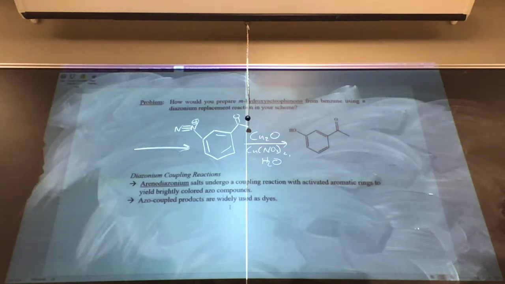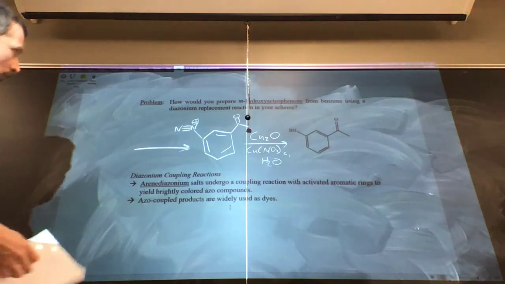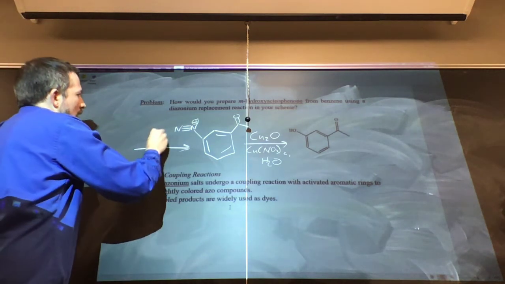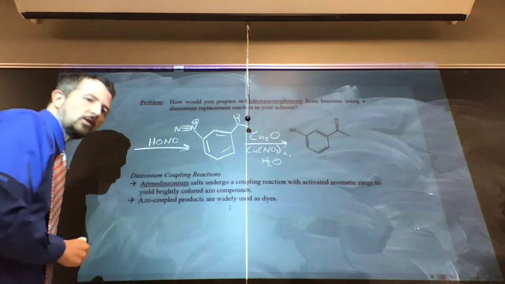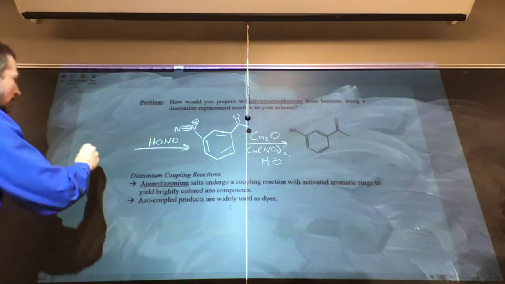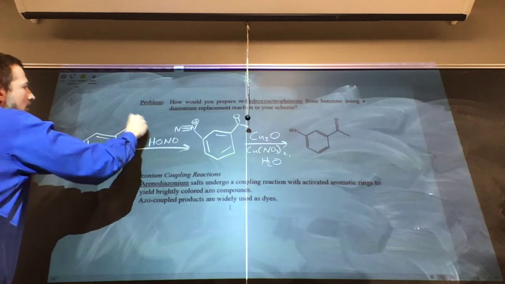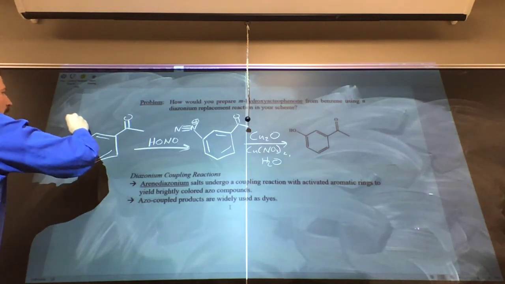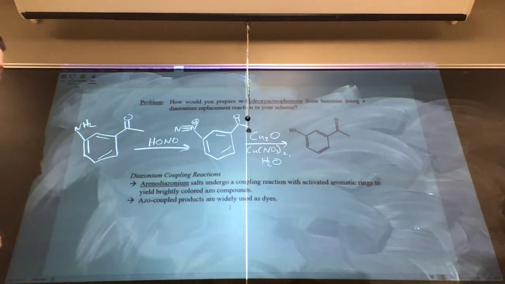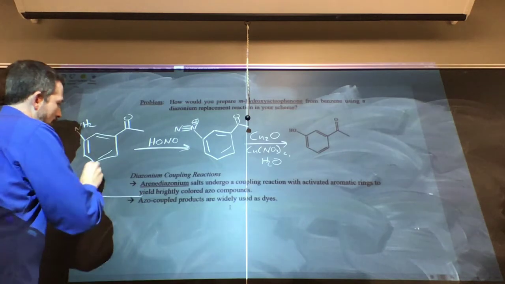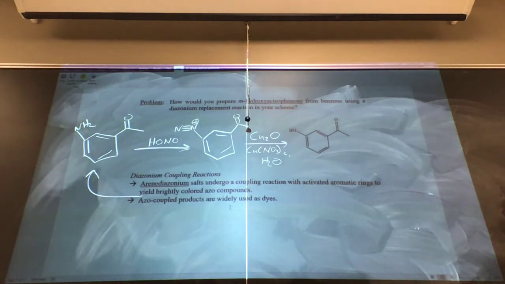Now how could I get those different things on there? Well, I can use my nitrous acid on an amine. Okay. And now we've got the amine, but how can I add an NH2 to it?